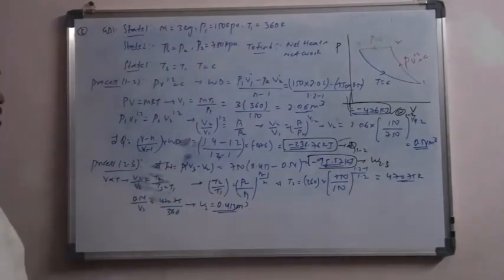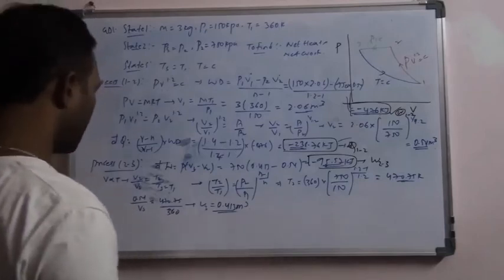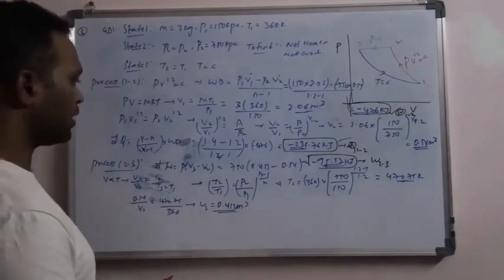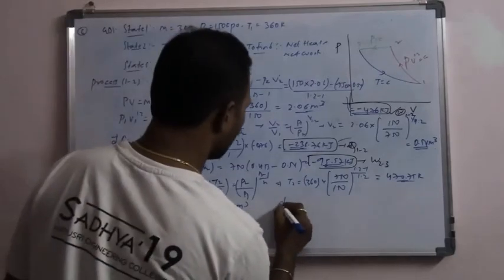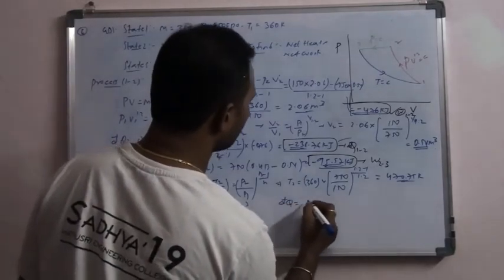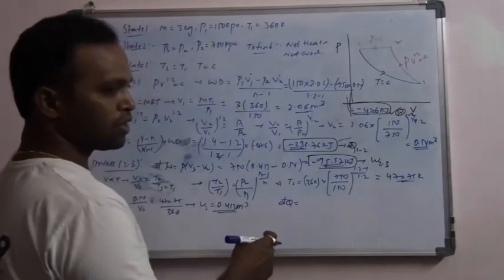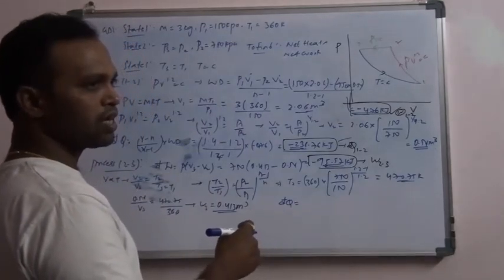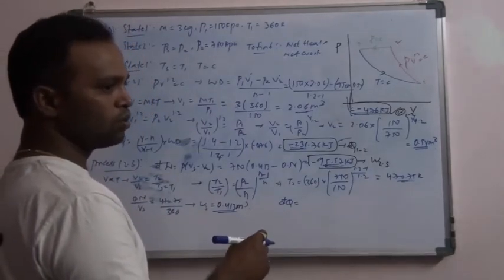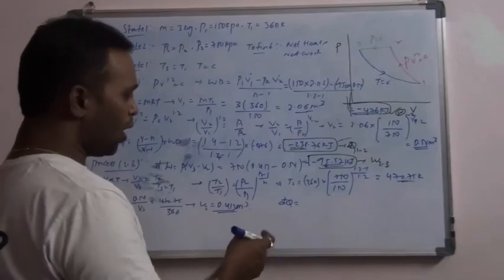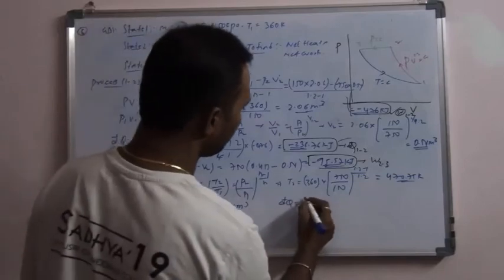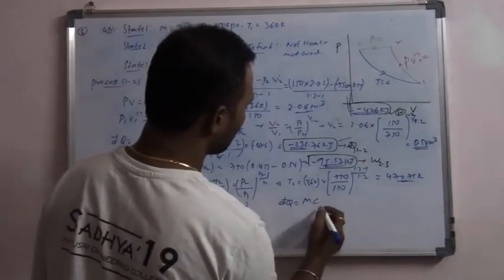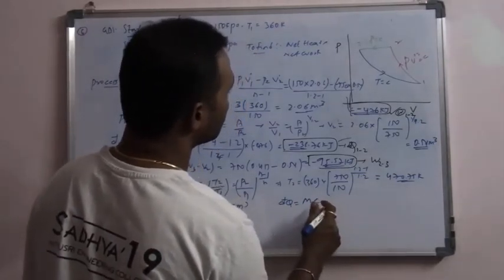Once work is known, next we can calculate the heat. How to calculate the heat in this case? We cannot calculate it from the first law, d'Q equal to d'W plus dU, because internal energy is not known. So we calculate Q with the help of m Cp delta T, because this is a constant pressure process.